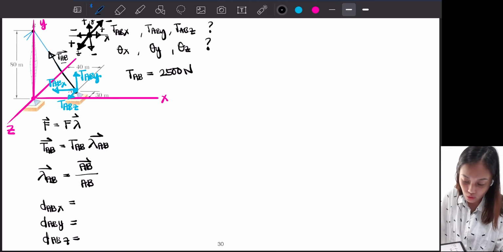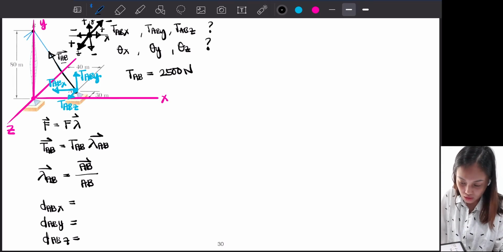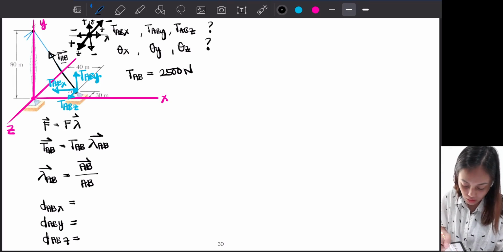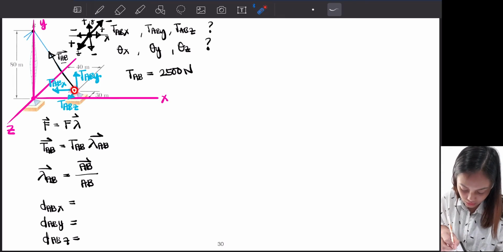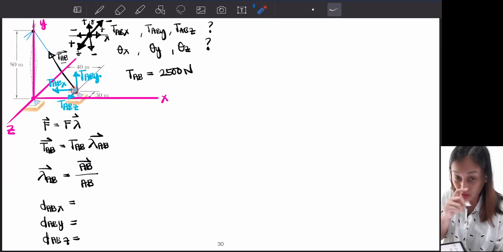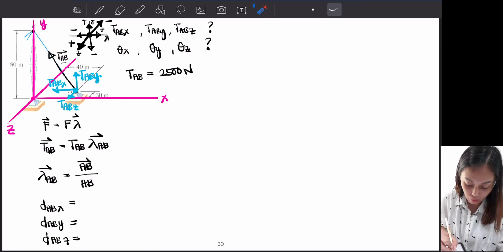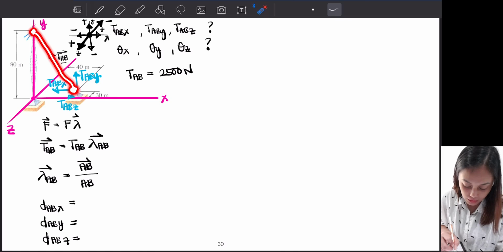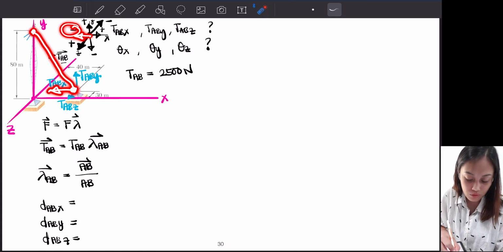So looking at the given, from the figure, TABx, look at the direction of your force. The force is from point A to point B. Therefore its x component goes from that point toward here, which is going to the left, so negative.